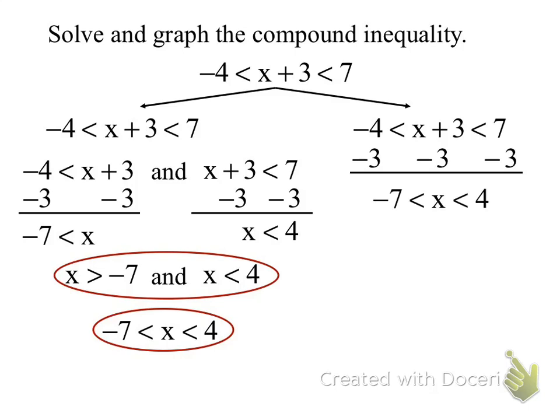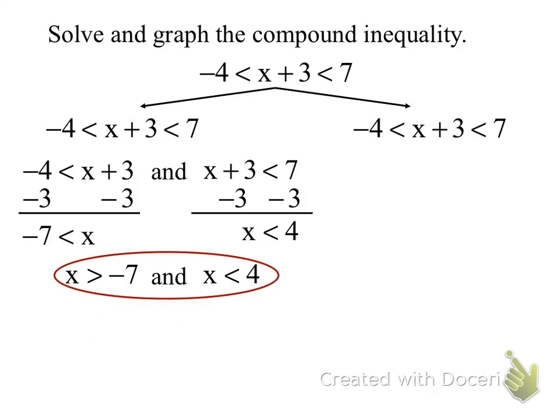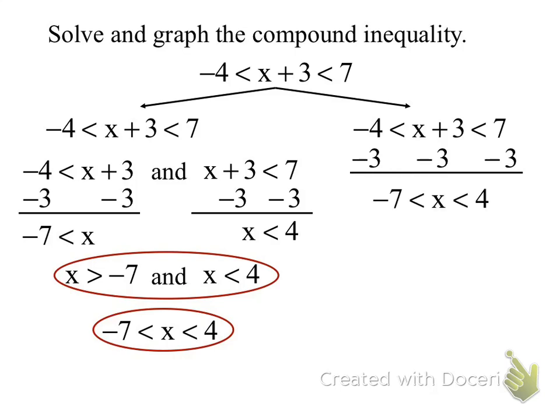And then I'm left with -7, I'm left with the x, and I'm left with the 4. And bring my signs down. It takes me right into the in-between statement. Notice here, I have to rewrite it with the smallest one, x is greater than negative 7, and x is less than 4. Here, I go right into the in-between statement.